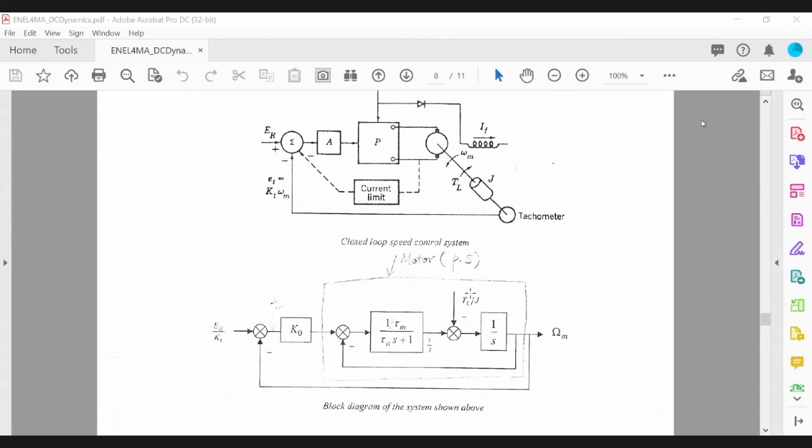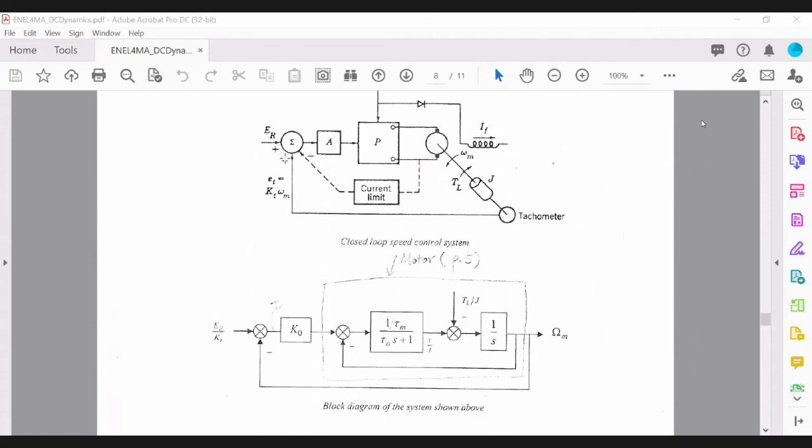What the system is doing is measuring the speed of the motor, right? So omega m is being measured, and then it feeds this speed back to compare with a certain reference.